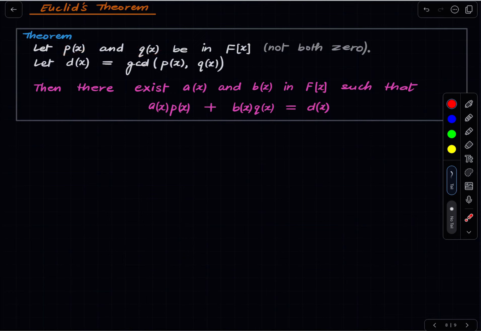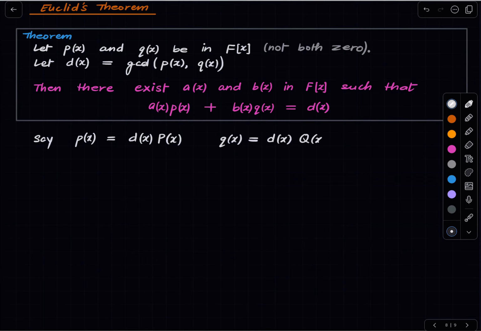Okay, so why is this true? I'll just write one line. Say p(x) is d(x) times capital P(x) and q(x) is d(x) times capital Q(x). And note that since d(x) is the greatest common divisor of p(x) and q(x), the greatest common divisor of capital P(x) and capital Q(x) must be 1.